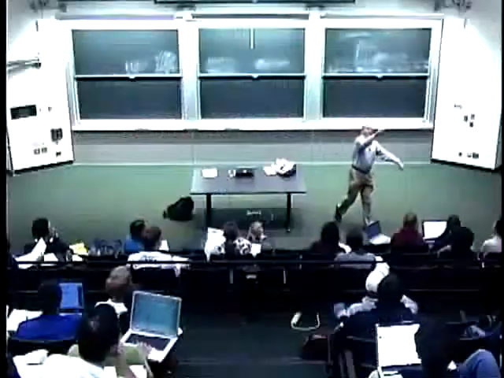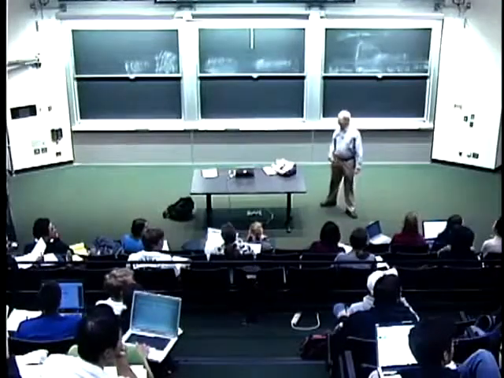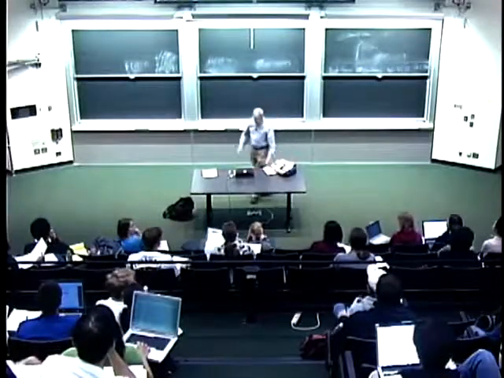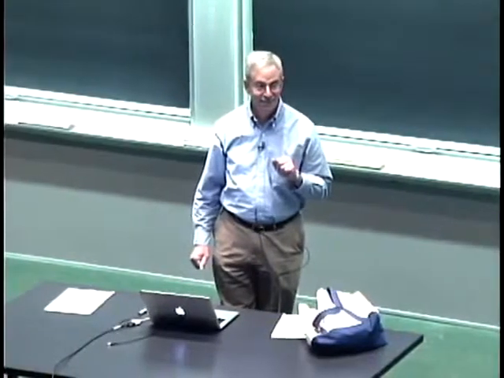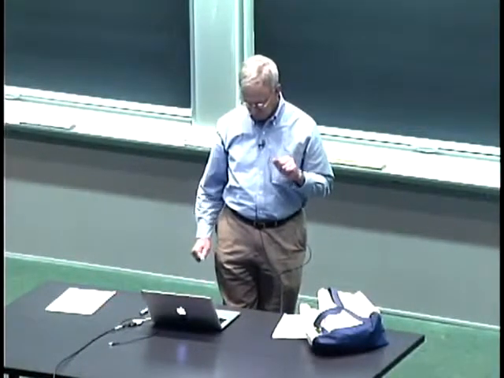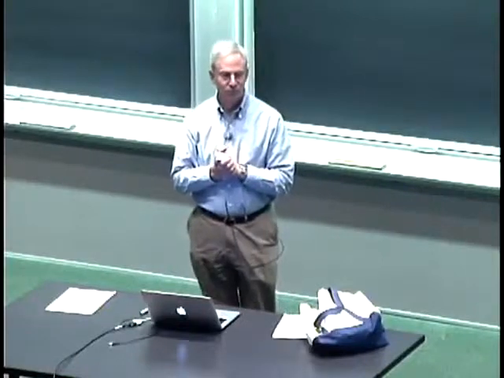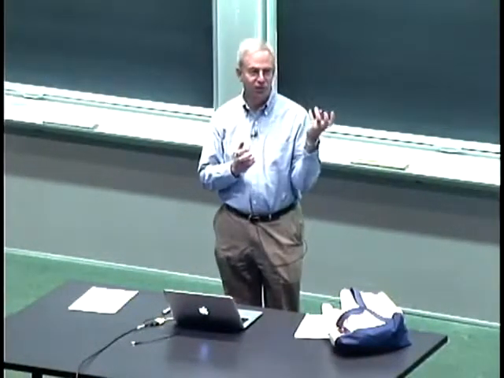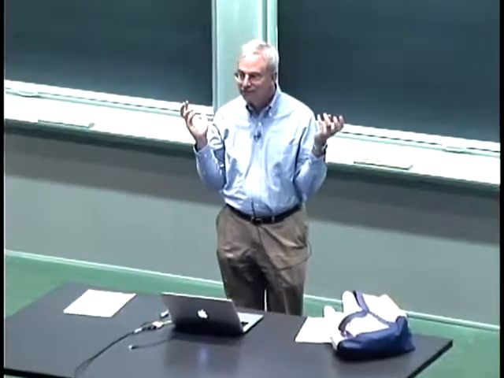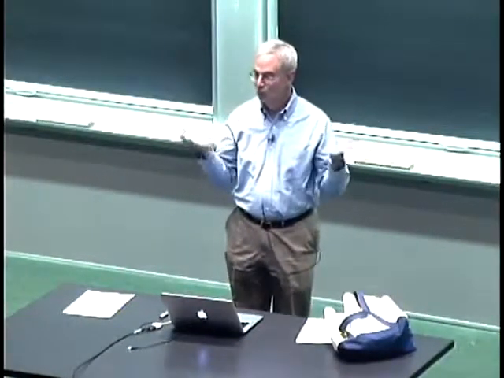See if I can get it all the way to the back. No, I can't. That's embarrassing. All right. So if n is less than or equal to 1, return n. Well, that's not right, right? What should I be doing there? Because fib of 0 is what? 1.